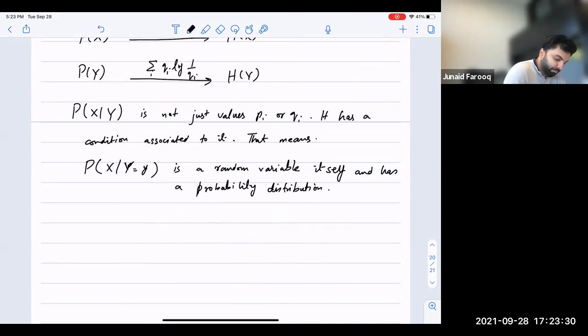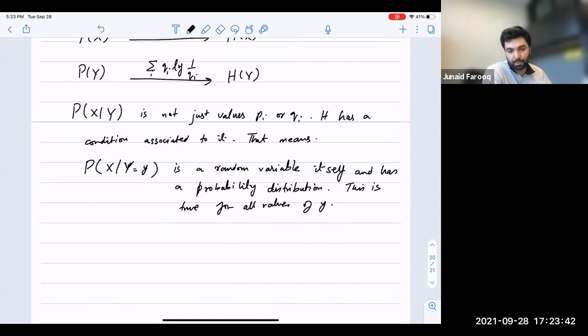And this is true for all values of y. So whatever value y takes, you will have a different distribution.